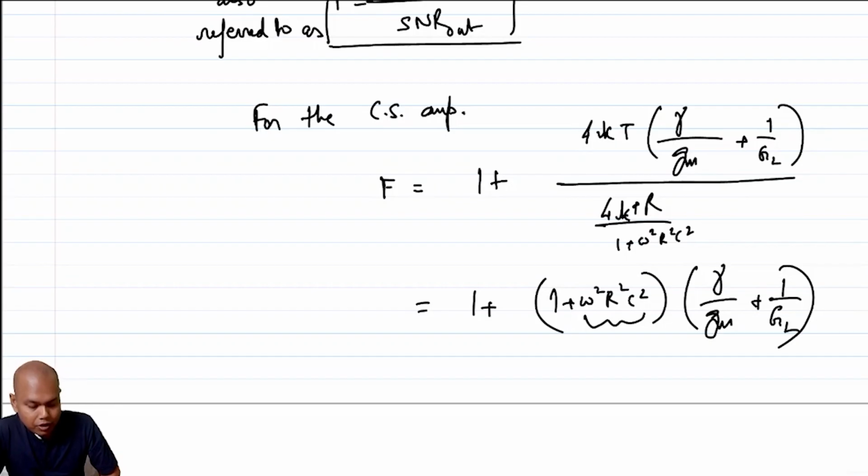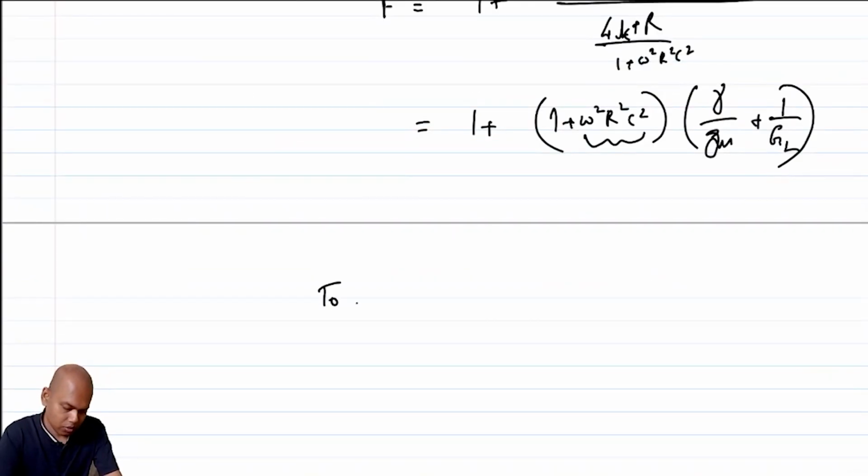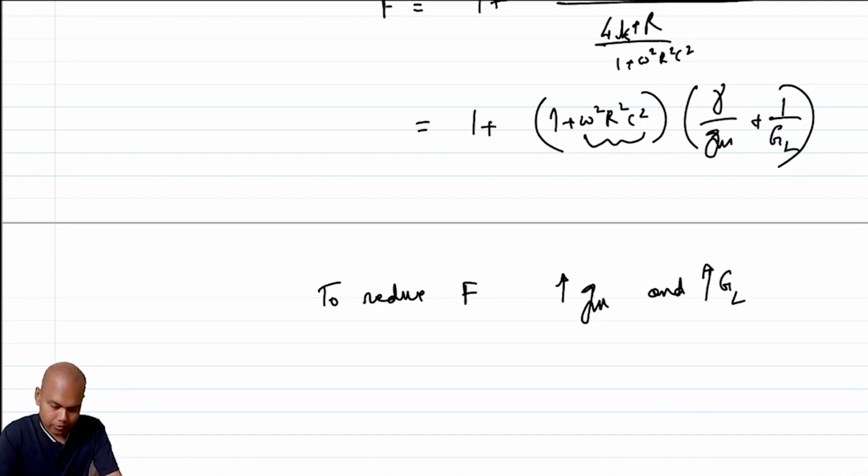So what do you need to reduce your noise factor? Clearly, you need to increase your Gm and GL simultaneously, right? So to reduce F, increase Gm and GL, right?